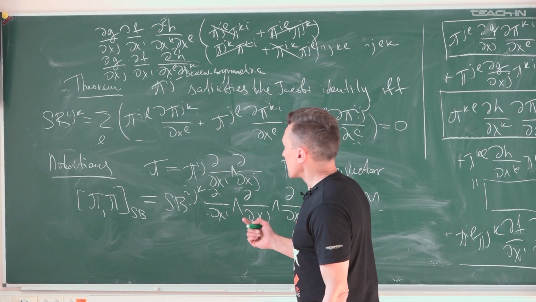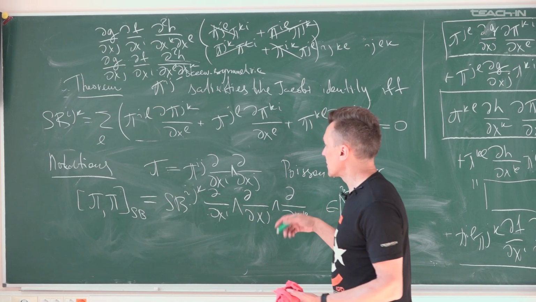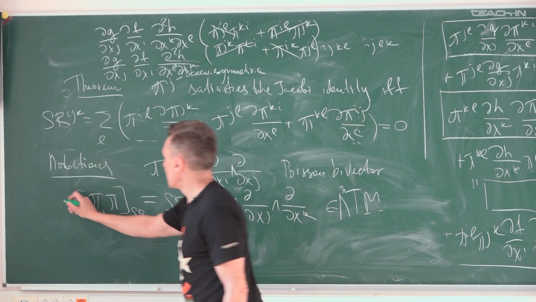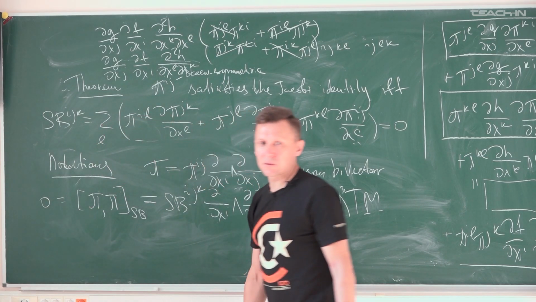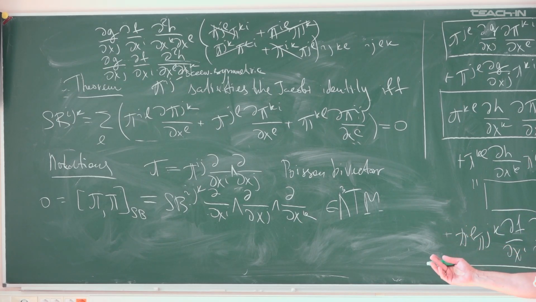So this condition for a bivector to define the Poisson structure is equivalent to this beautiful condition that some element has zero square. It's not a commutator, it's a Schouten commutator.